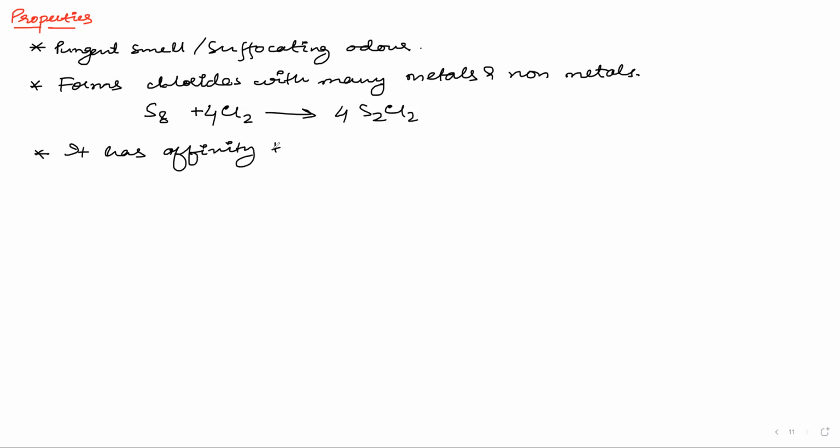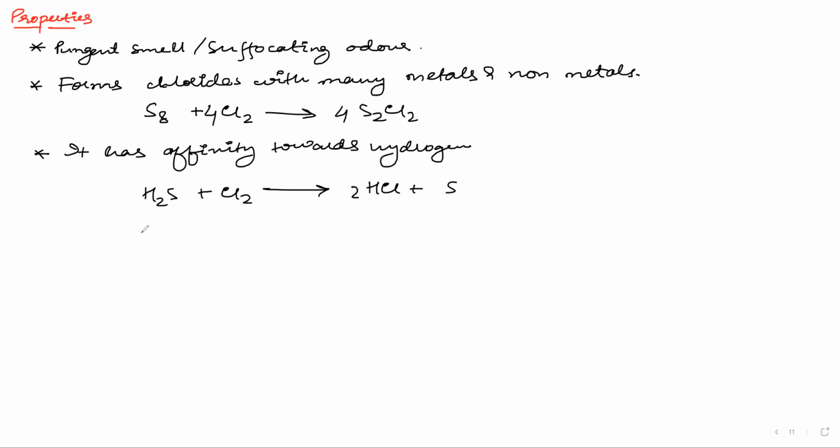If you put H2S gas plus Cl2, it will abstract the hydrogen and make HCl plus sulfur. 2 hydrogens here, 2 here, and it is balanced now.